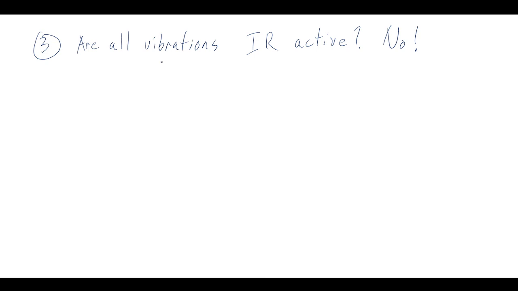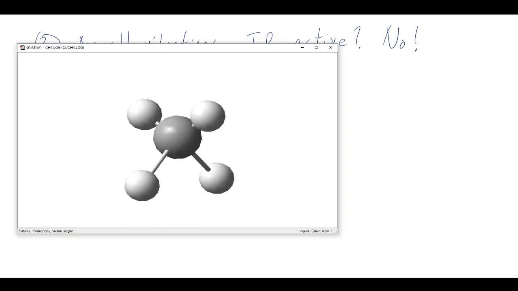Right? The answer is no. Are all vibrations IR active? No. And we discussed this last time based on the selection rules, that these vibrations have to produce a net dynamic dipole. Okay? Not a permanent dipole, but this dynamic dipole that's more about the sloshiness of, say, the middle atom's electrons. And so some of these vibrations are not IR active.